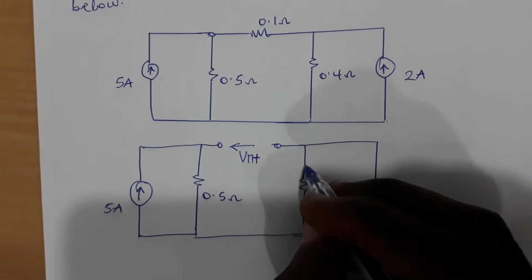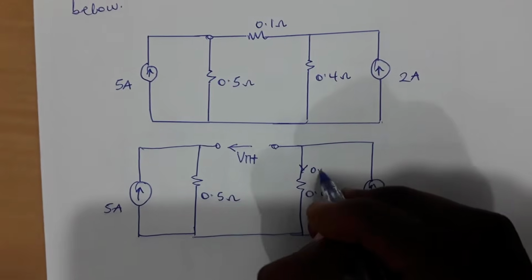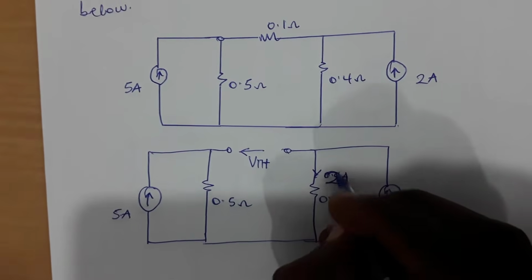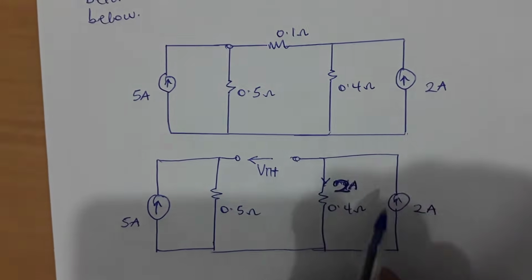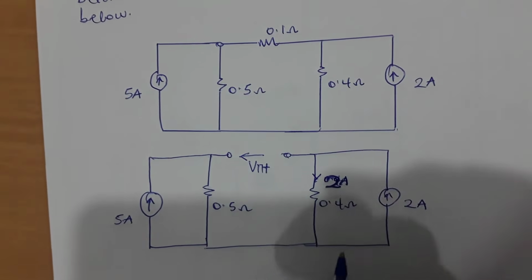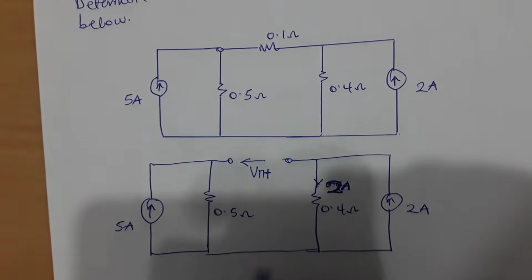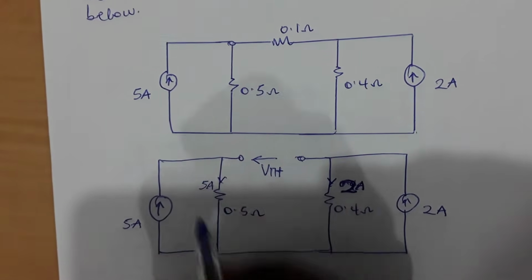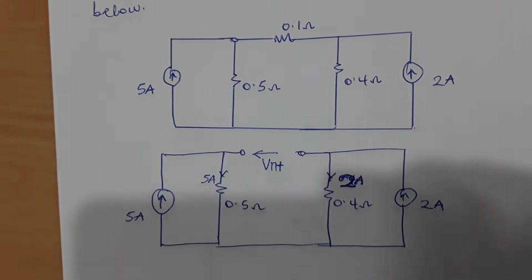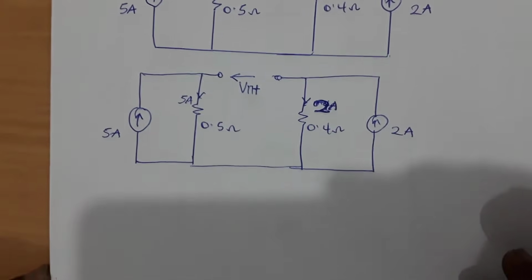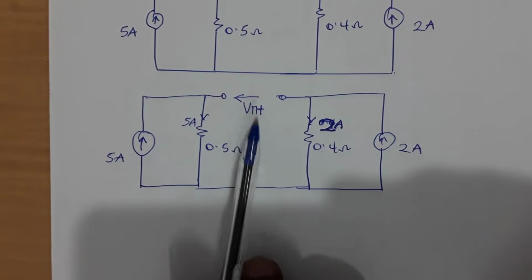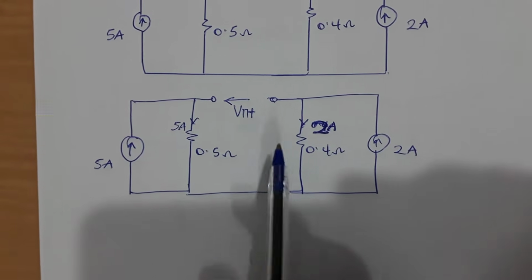It won't go to this side because here is open. So that means that 2 amperes is flowing through this 0.4 ohm resistor, and this 5 amperes is flowing through the 0.5 ohm resistor. So we can write an equation involving VTH, and we will find our VTH, which is very simple.